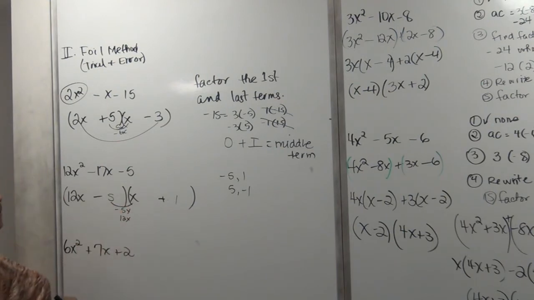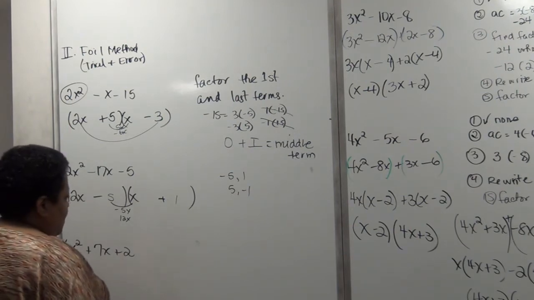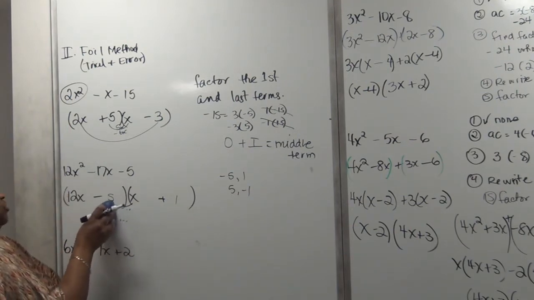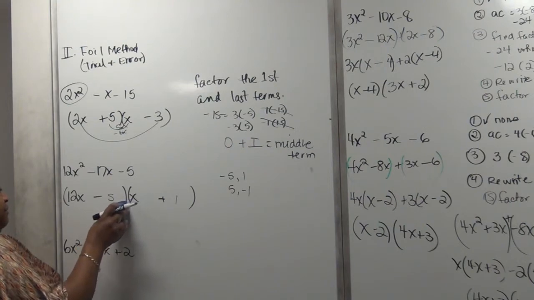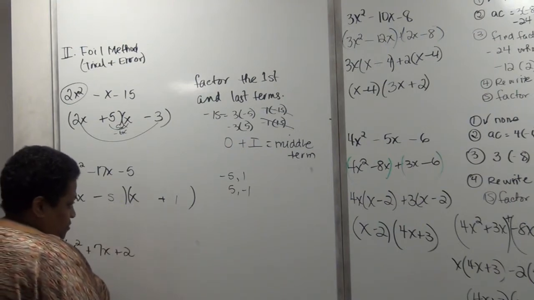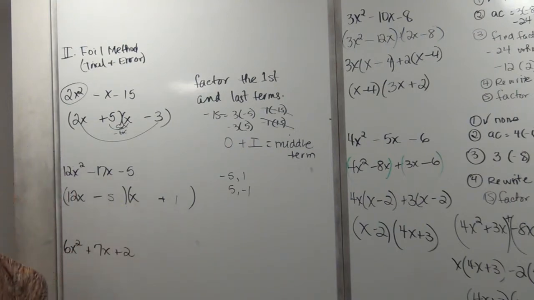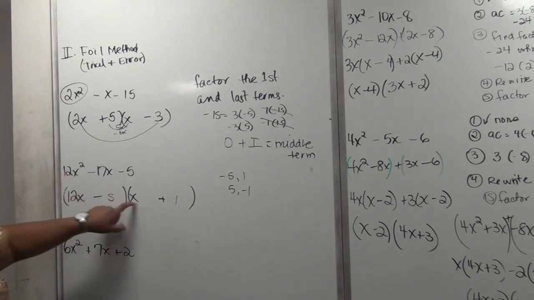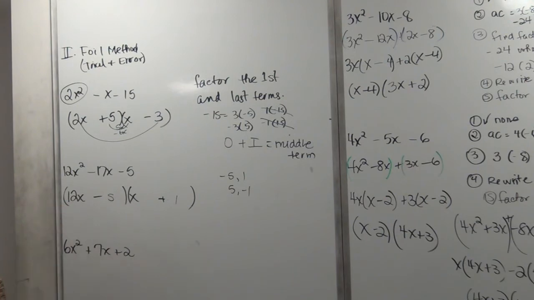Is that equal to 17? No, that's going to be a negative 2. Will the x have to be negative? No. This is positive. So both of these got to be positive. Could we both switch negative?